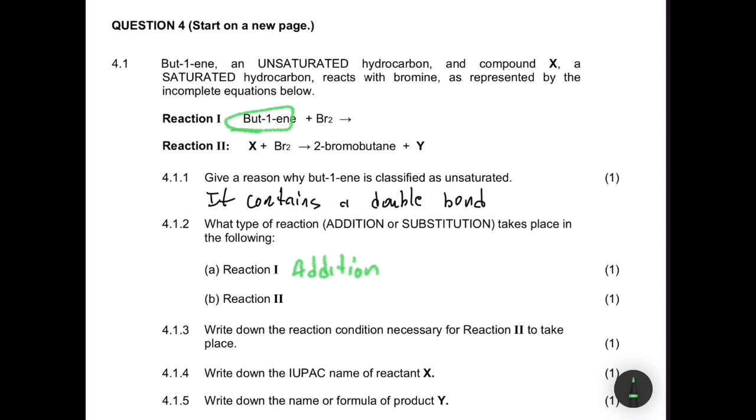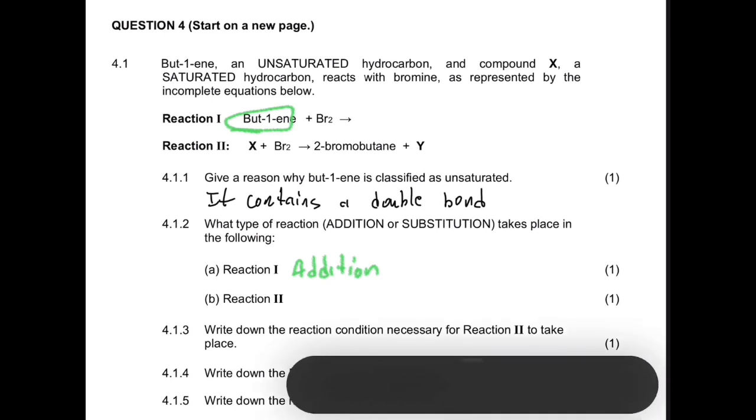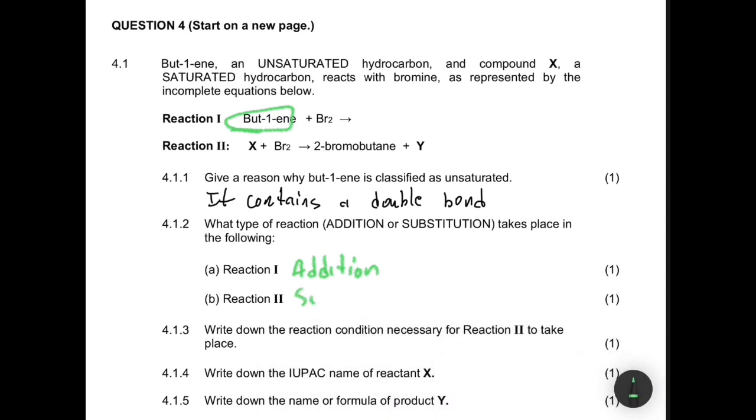We have X, which is said to be a saturated hydrocarbon, so it's an alkane, and then we are adding bromine. An alkane can only go elimination or substitution, but we are already told that we have to choose between addition or substitution. So clearly our answer here will be substitution. So for B, we have substitution.